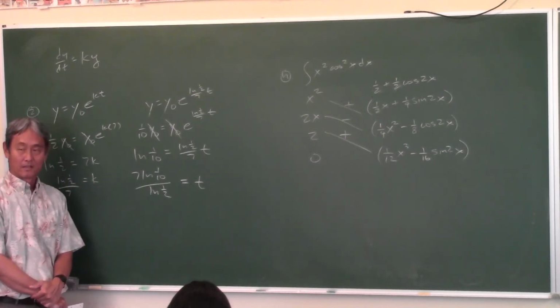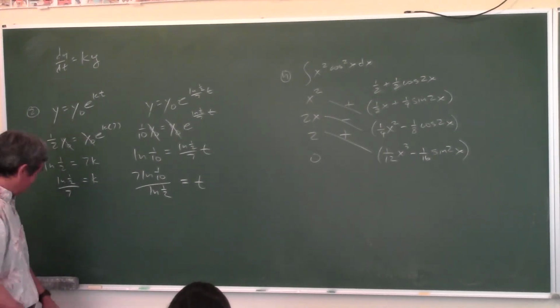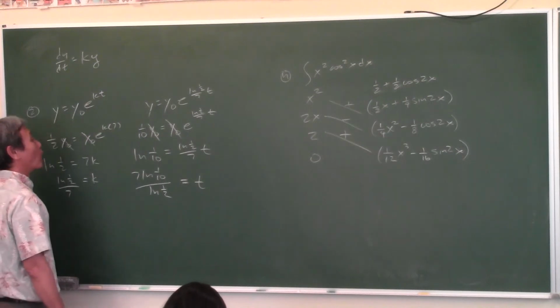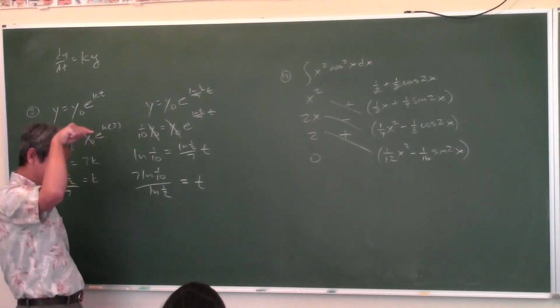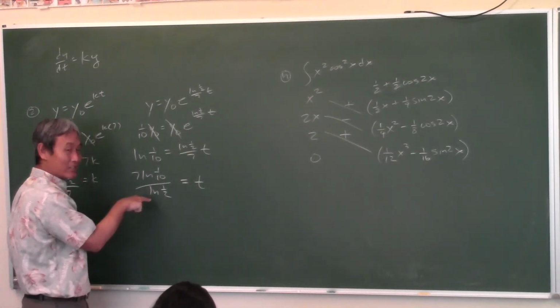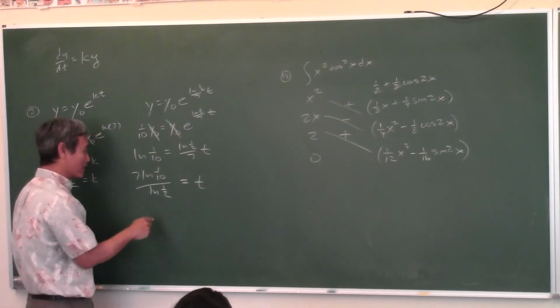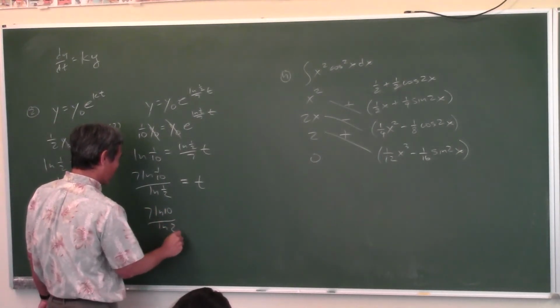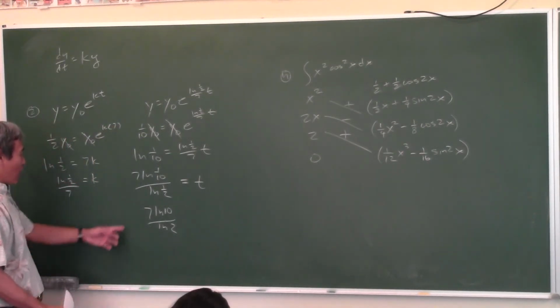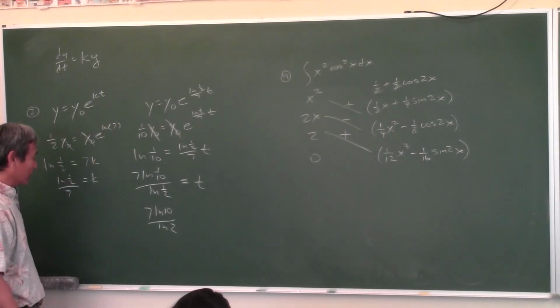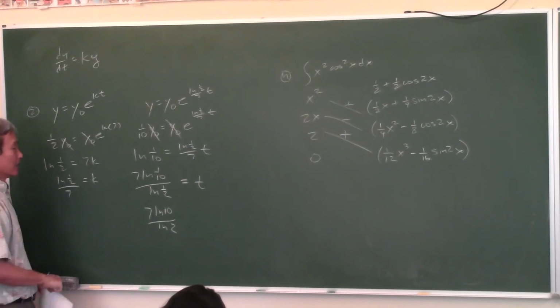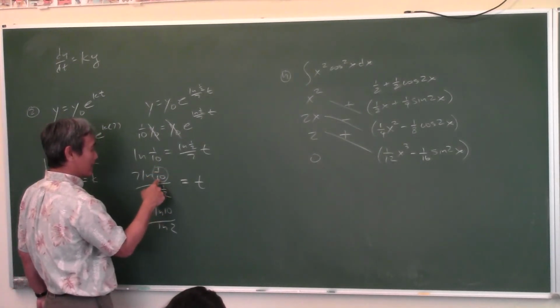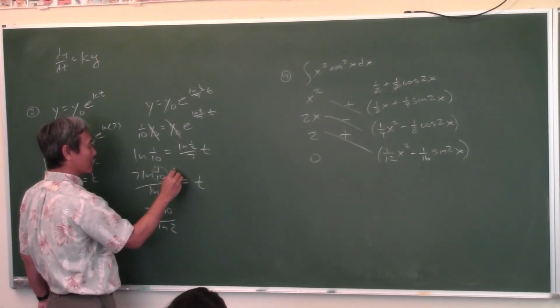However, when you take the AP exam, I will guarantee you right now, that's not one of the choices. It's going to be this: 7 natural log 10 over natural log 2. How do you go from here to here? Isn't natural log of 1/10 the same thing as natural log of 10 to the negative 1?